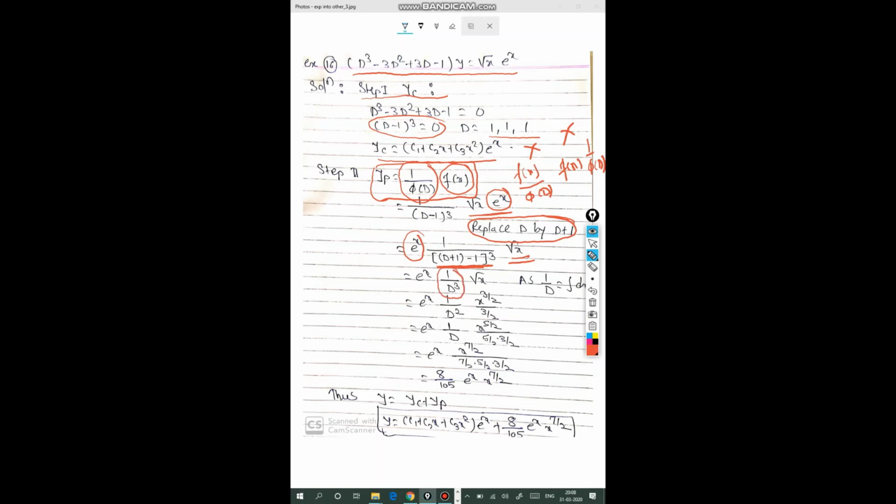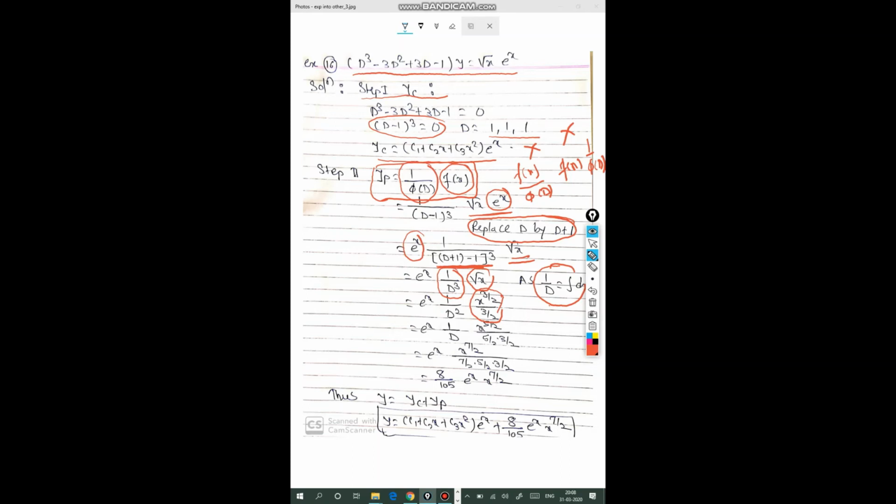Now 1 by D cube, remember 1 by D is an integral operator. So as 1 by D is an integral operator, we have to integrate this root x 3 times. First integration of root x means x raised to 1 by 2, and we have the formula x raised to 1 by 2 plus 1 upon 1 by 2 plus 1.